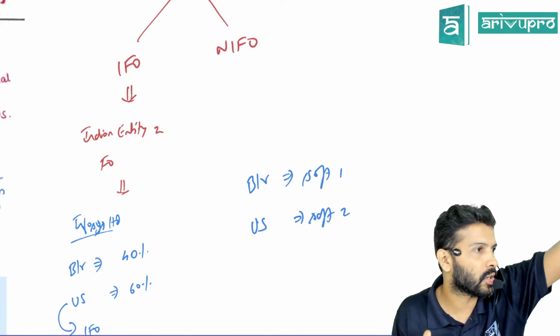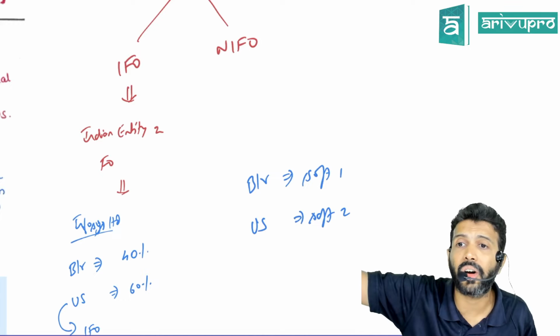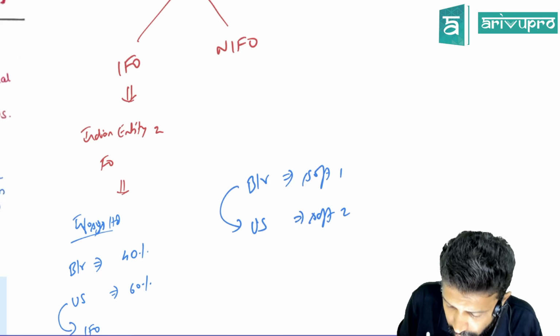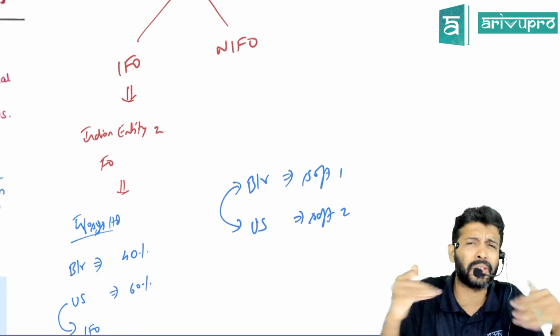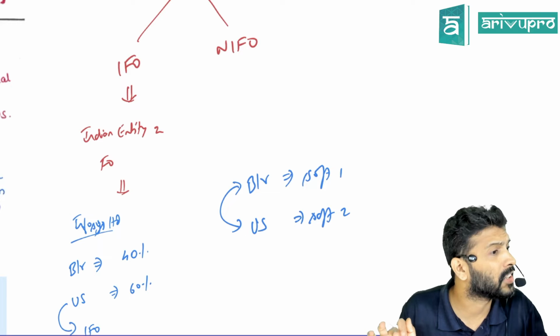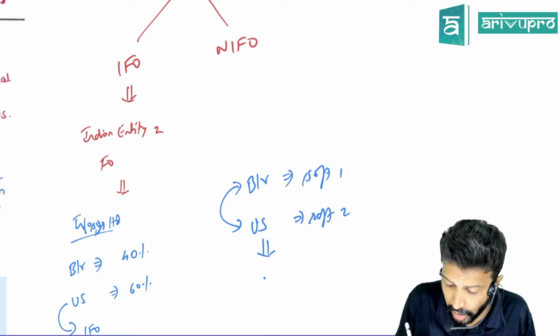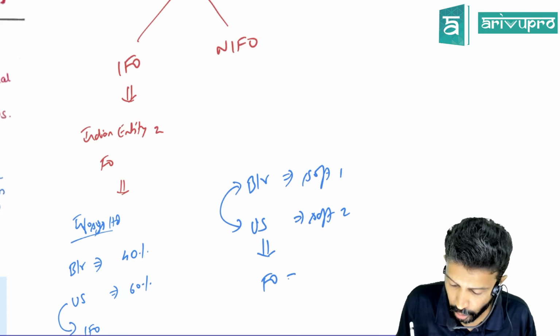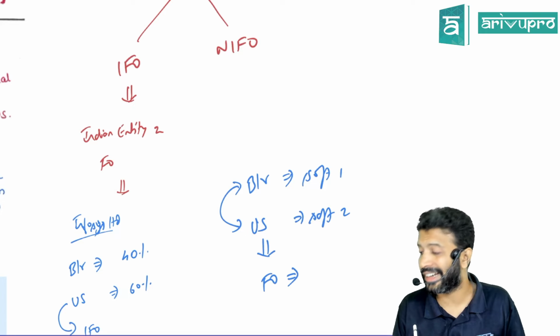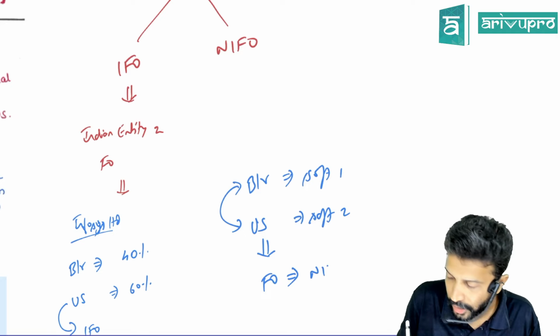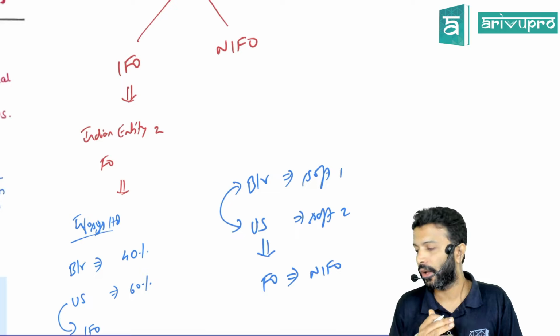Is there any connection between Bengaluru and the US, or are they functioning independently? They're functioning independently. This US division, which we call the foreign operation, becomes your non-integral foreign operation.